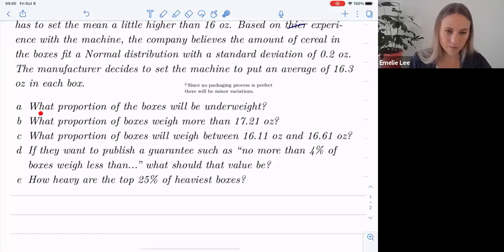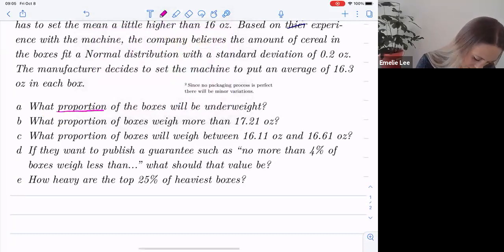So let's read through all these parts and get a handle on what we need to do. What proportion of the boxes will be underweight? Remember, a proportion is a probability, which is roughly a percentage.